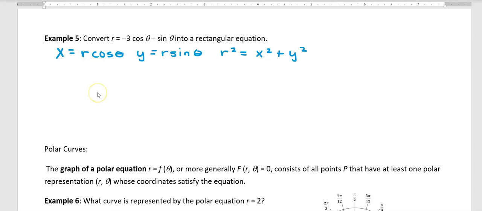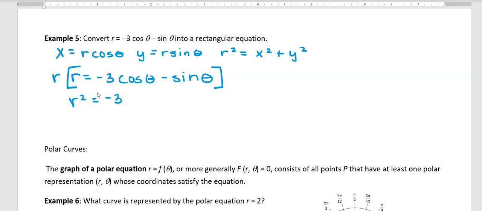So what we'll start with is just writing the equation down. r equals negative 3 cosine theta minus sine theta. And what we can do is multiply through everything with the variable r. And by doing that, it makes our first term here r squared, and then it also makes us have the r cosine theta and the r sine theta to help us with those two equations.